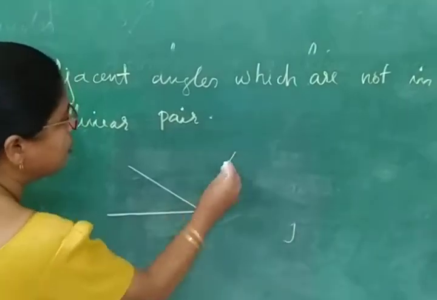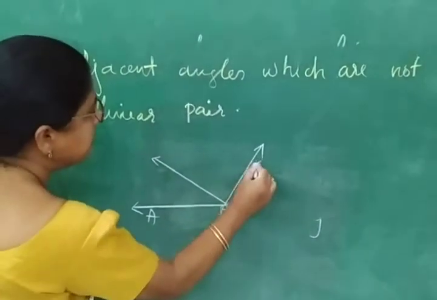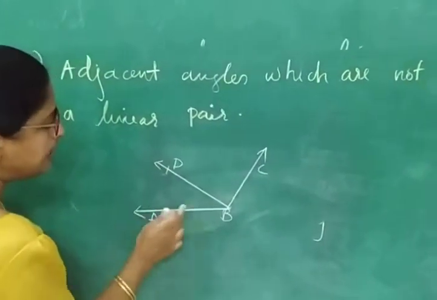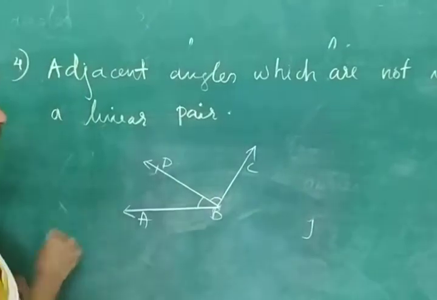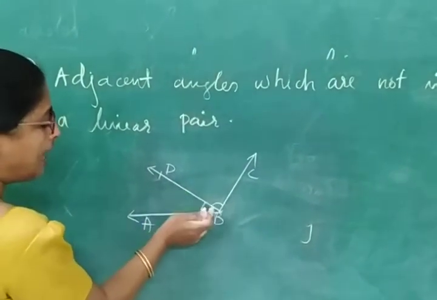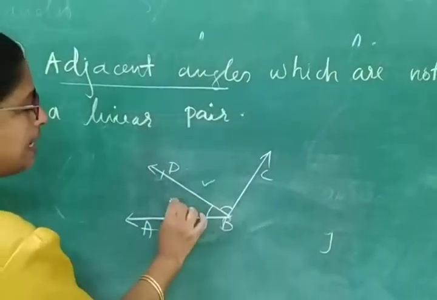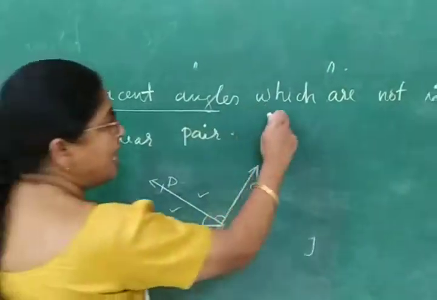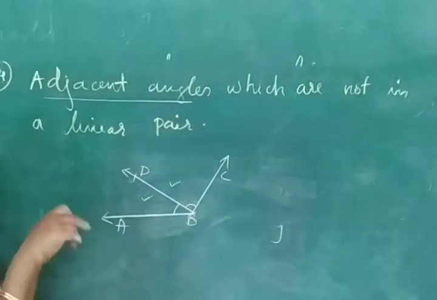That's all. So here let us see A, B, C, D. Consider angle ABD and angle DBC. Both the angles are having a common ray BD. So they are called as adjacent angles which are not in linear pair. See whether they are in a linear pair or not.